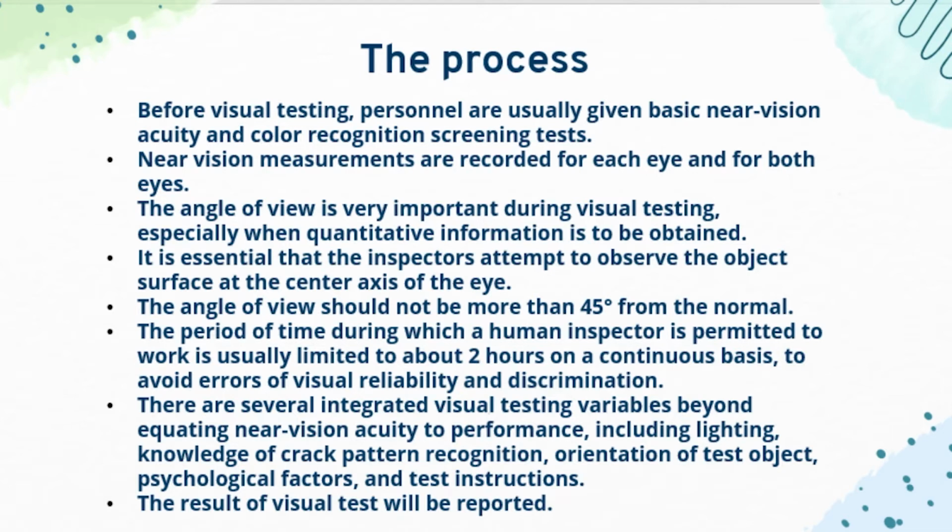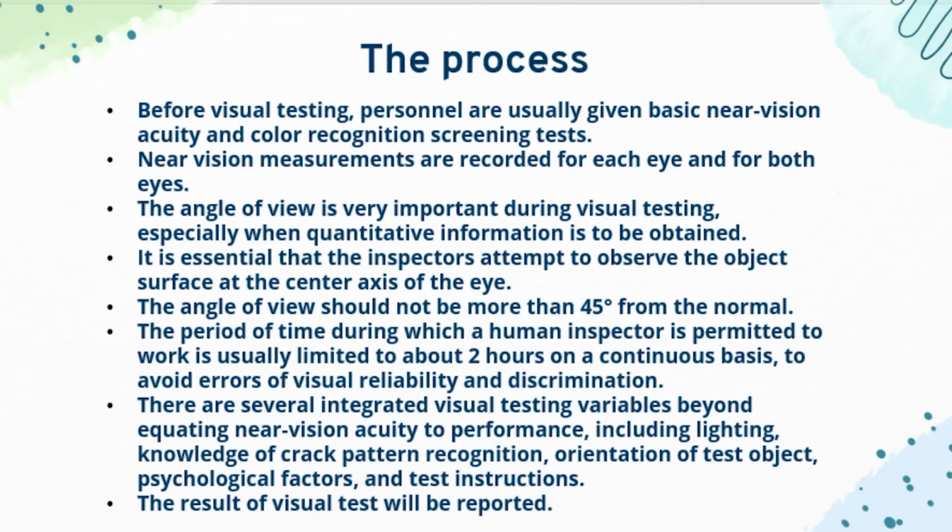First, before visual testing, the personnel are given a basic near vision acuity and color recognition screening test. This near vision measurement is recorded for each eye and for both eyes.